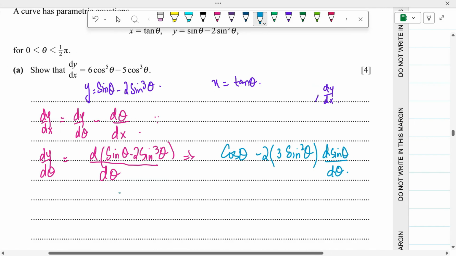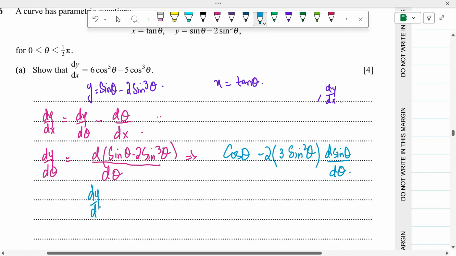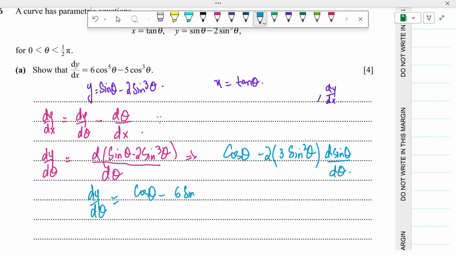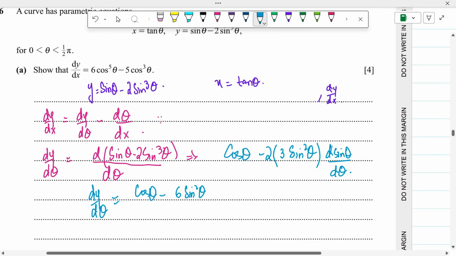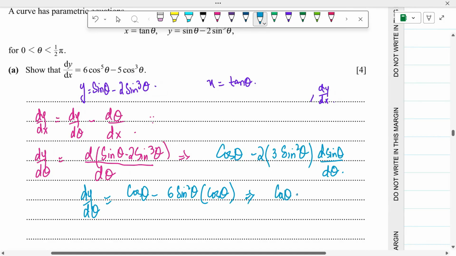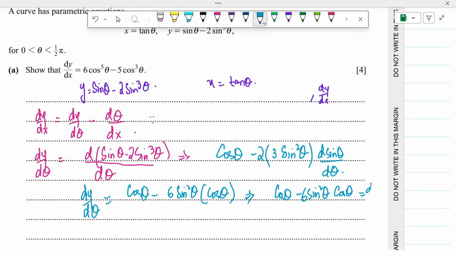Further solving, dy over d theta is equal to cos of theta minus 6 sin squared theta, and the derivative of sin theta is cos of theta. So this is equal to cos of theta minus 6 sin squared theta cos of theta. This is dy over d theta.